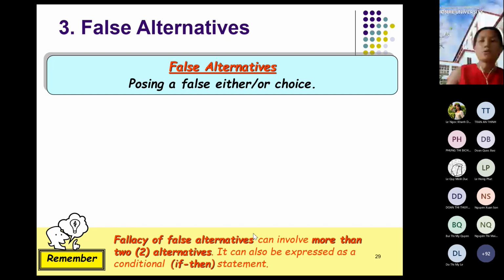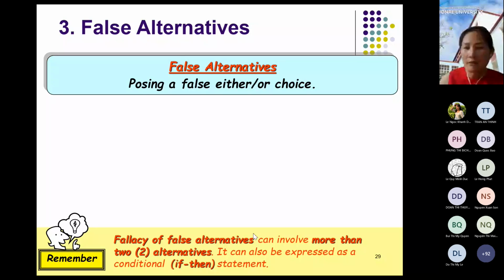False alternatives. What kind of argument allows us to list up the possibilities, the authorities, or the alternatives here? Which argument has the format of either or?